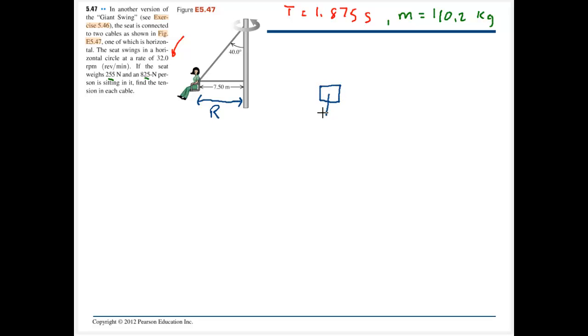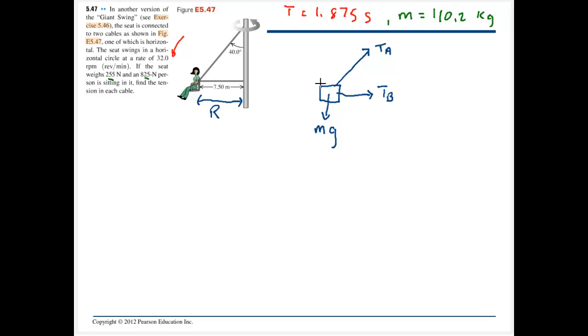Here I have the mass multiplied by gravity pulling her down, and I'm going to have some tension force in the rope, and I'm going to call that tension B, and I'm going to have my upper tension force, tension A, coming from that rope.